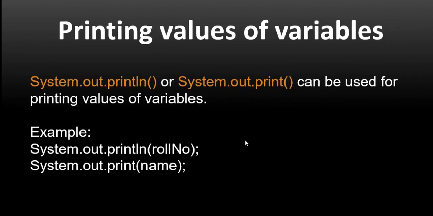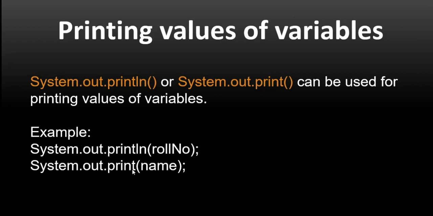How to print values of a variable? In Java, if you want to print values of a variable, you can use the print or println method which is there in System.out. For example, I want to print roll number and name value. So here I'll write System.out.println roll number, or System.out.print name. ln is going to print your data and your cursor will move to the next line.